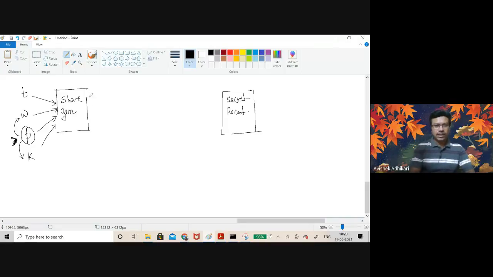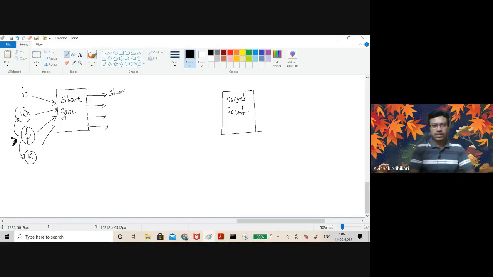So this is share generation. It will generate W many shares. For one key, it will generate W many shares because W was the number of participants, so each participant should have some share.